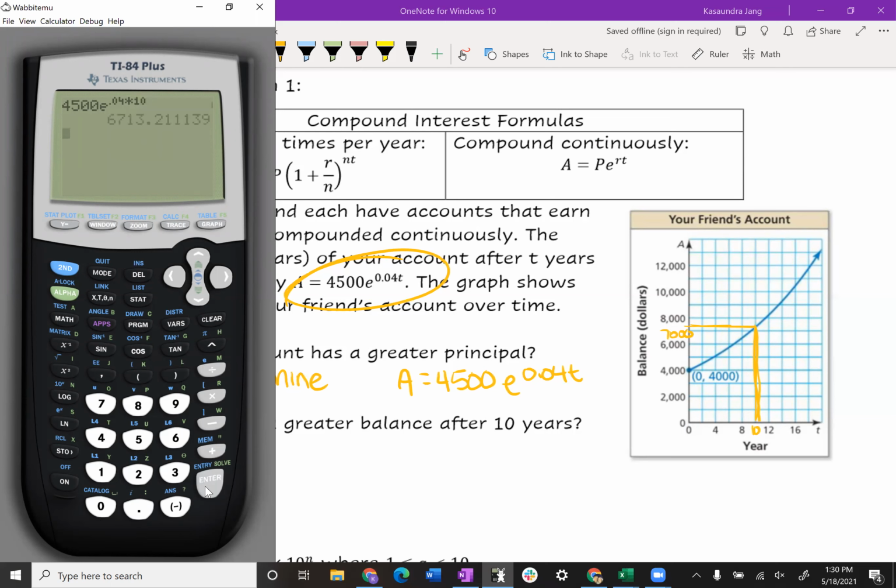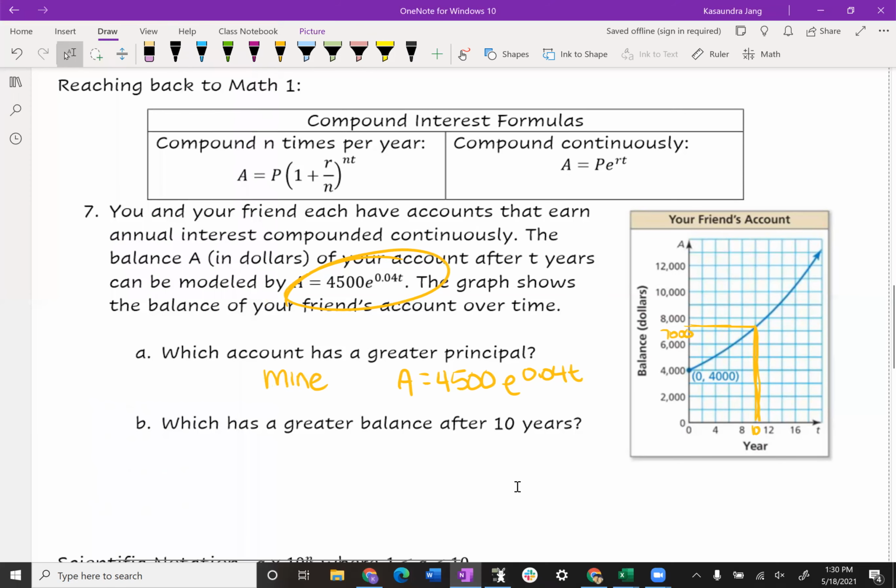So put my 10 in there. All right, so that's 6,713. Okay, that seems to be less than the little over 7,000 bucks that we were talking about. So I think after 10 years, the friend's account, the graph here, is going to have more money.